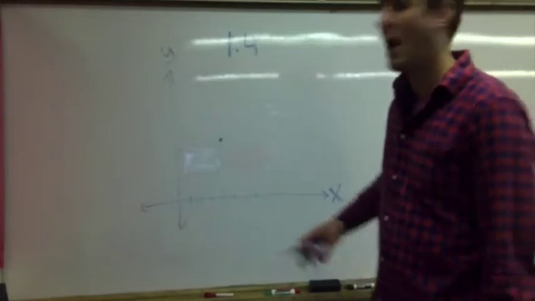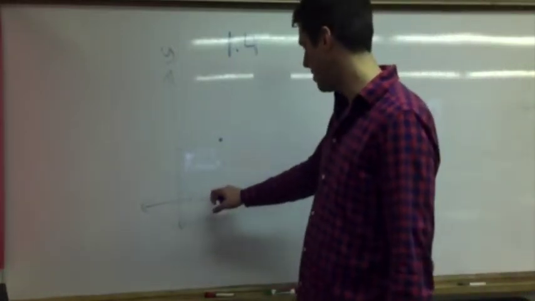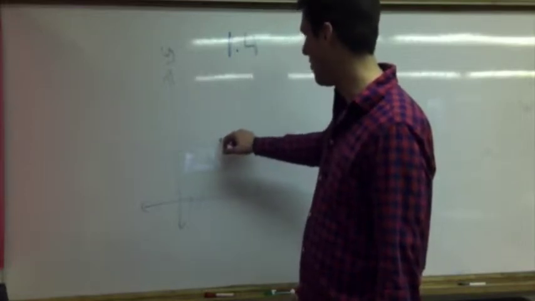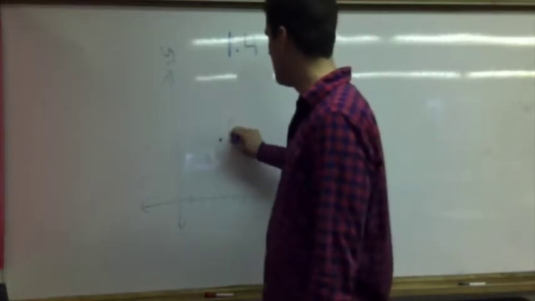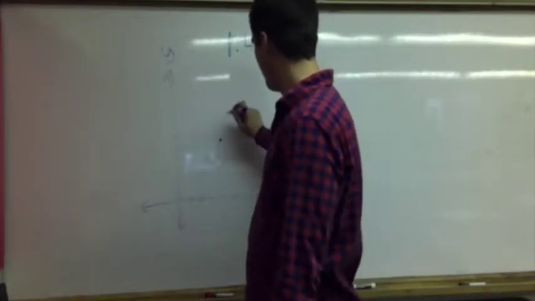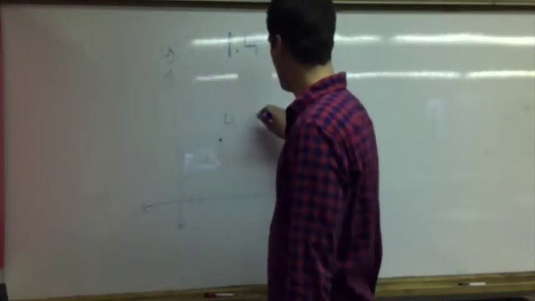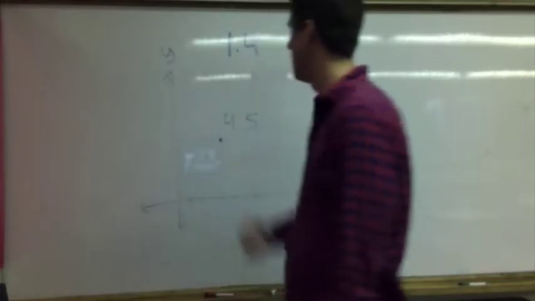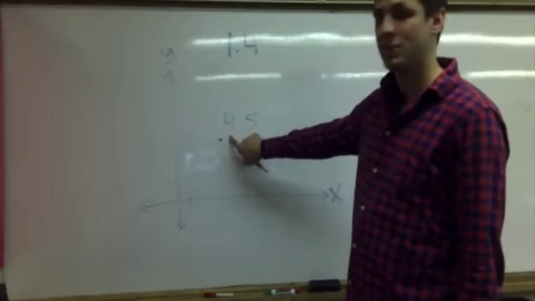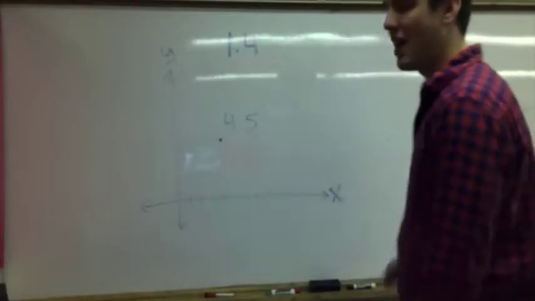And to locate this dot, you'd say, I'm going to go over 1, 2, 3, 4 dashes. I'm going to go up 1, 2, 3, 4, 5 dashes. And so this would be at spot 4 over and 5 up. And so your x coordinate is 4 because you go over 4 on the x-axis.